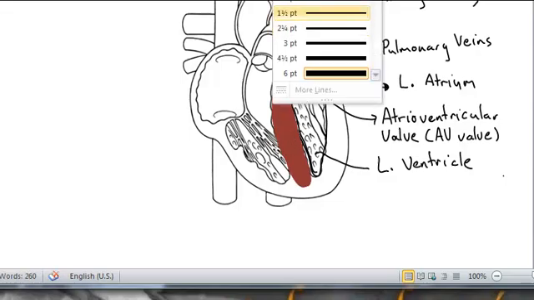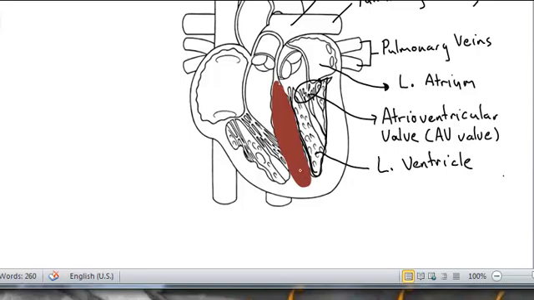It must pass through the lungs first. And this here is called the septum. And it separates left versus right of the heart.